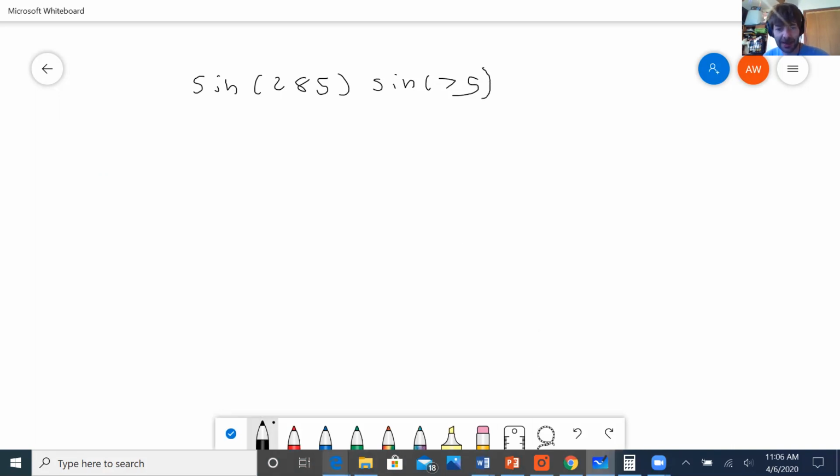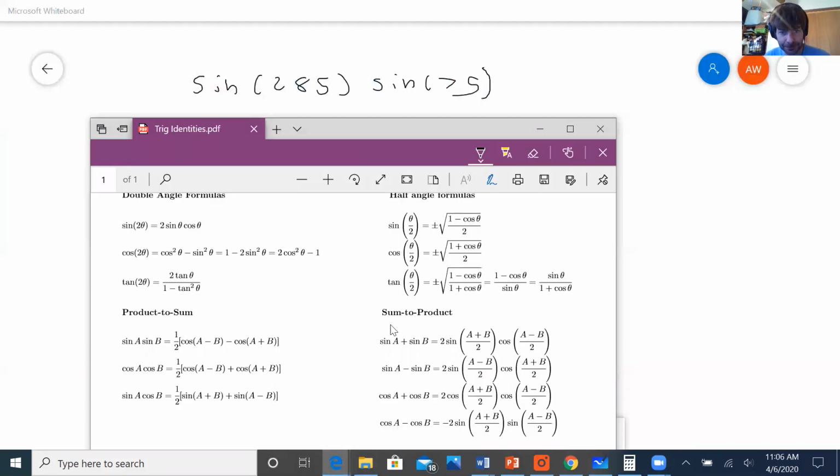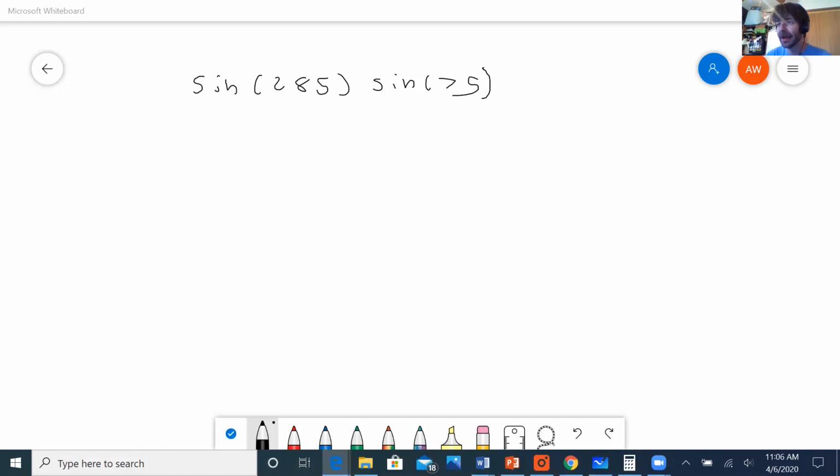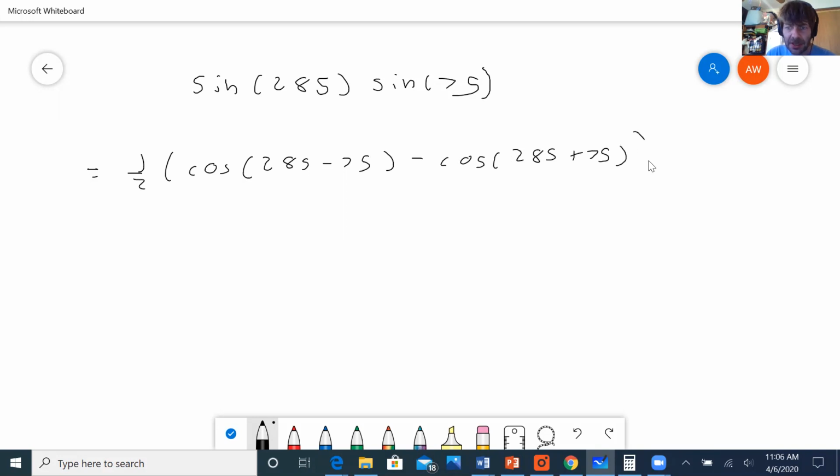So if I look at my identity sheet, sine times sine gives me this one. I'll just go ahead and put all that in. So I've got 1/2 times cosine of 285 minus 75, minus cosine of 285 plus 75.